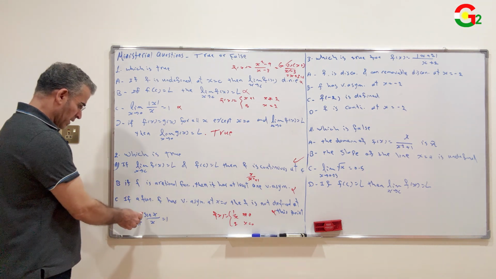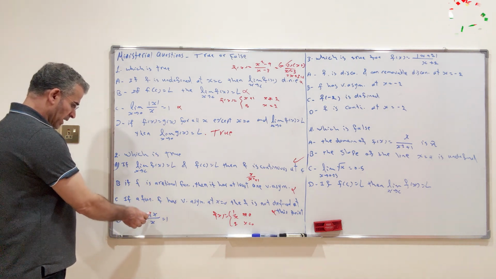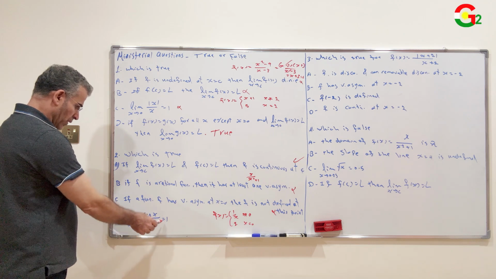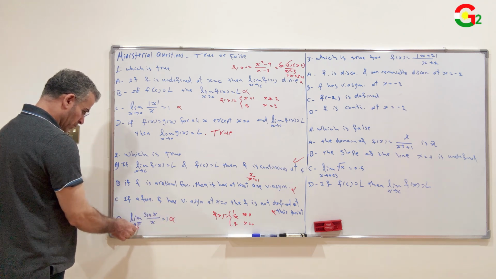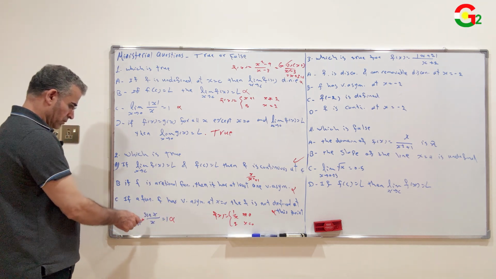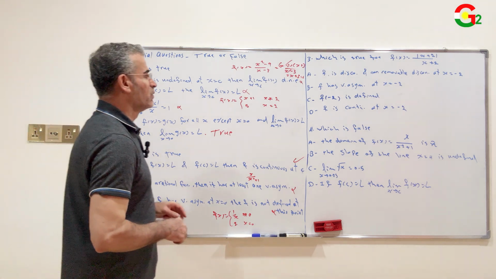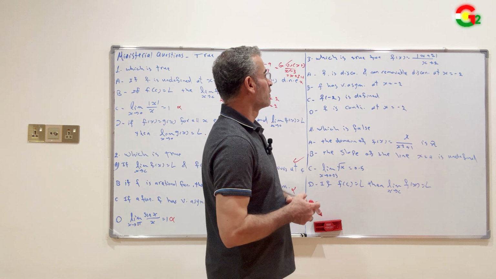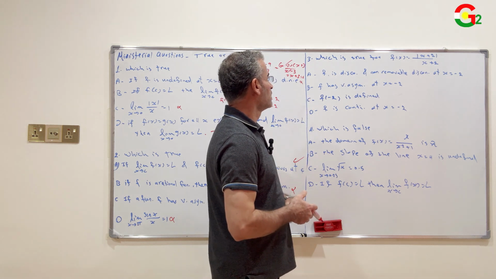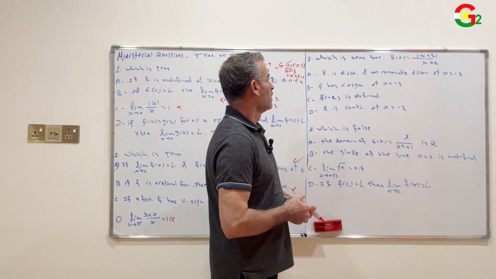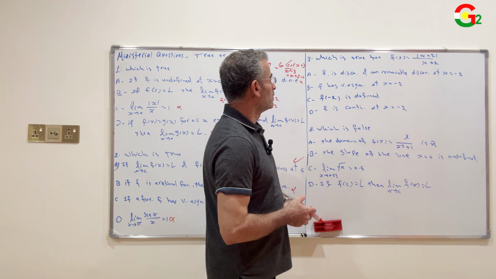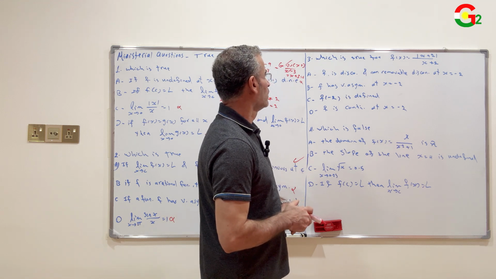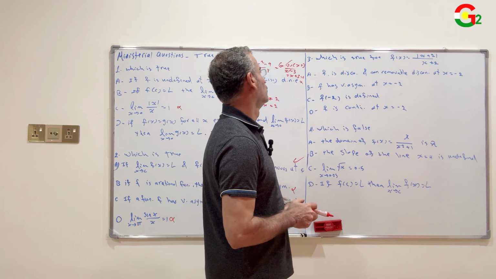Option D, the limit of sine x over x when x approaches 0 is 0. Wrong, when x approaches 0, sine x over x is 1, not 0. Number 3, which is true for this function? F is discontinuous and has a non-removable discontinuity at x equals negative 2.